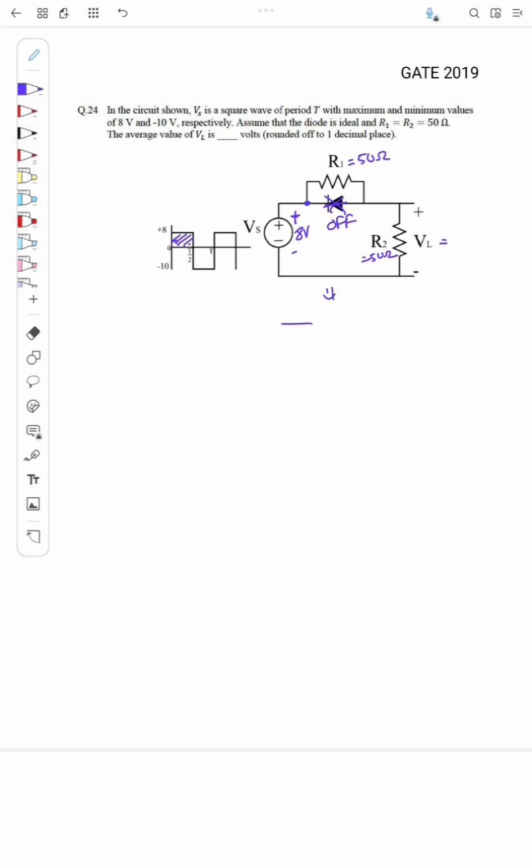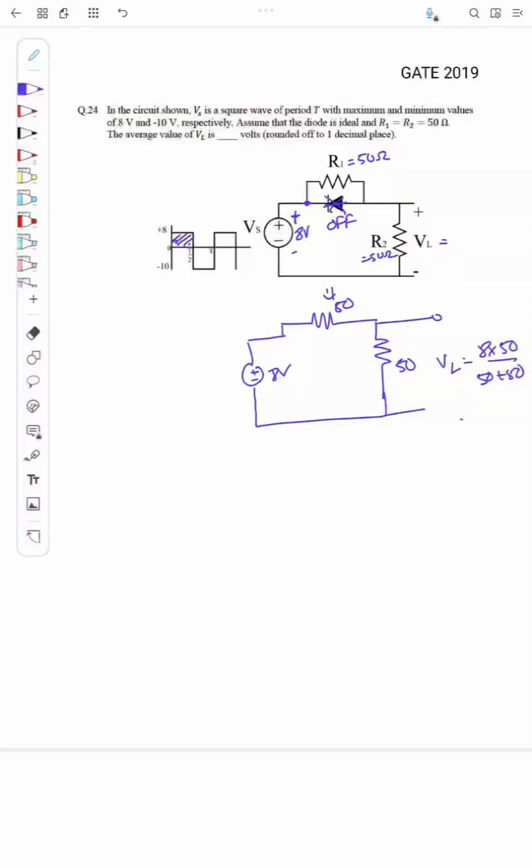So we have 50, 50, and here it is plus minus 8. What will be VL now? VL will be equal to 8 into 50 by 50 plus 50, so that is 4 volt. During the positive half cycle, the output VL will be 4 volt.